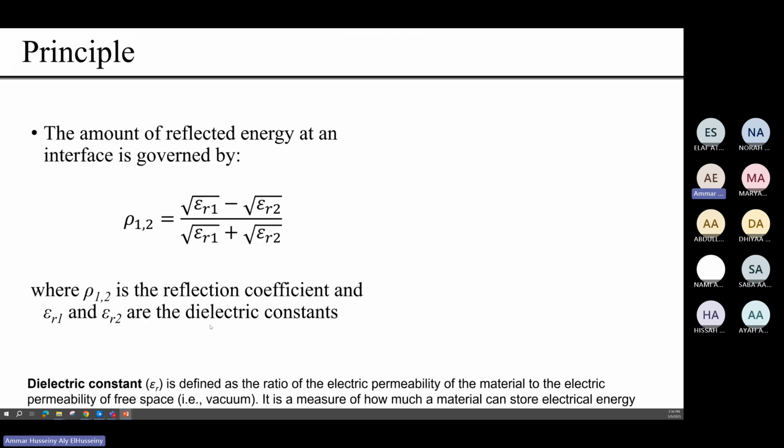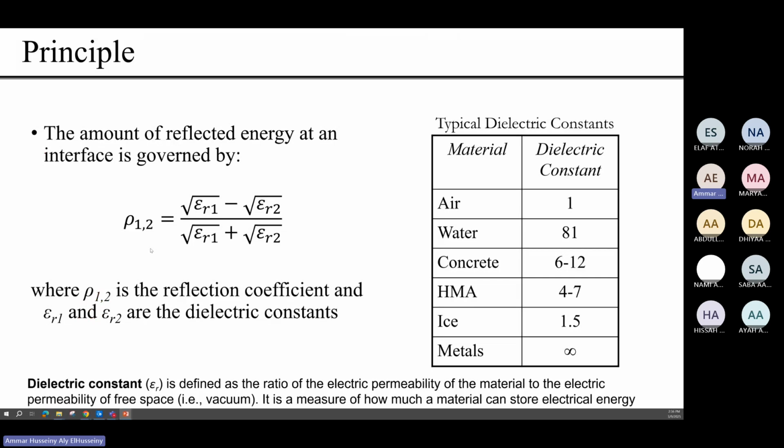You need to know definitely this equation. You don't have to memorize it. Essentially, how we can detect objects, and this is again another shallow or near-surface tool, is the contrast in the dielectric constant. This is really what we are after. And this equation is telling us the reflection coefficient, so you need to know what the reflection coefficient is.